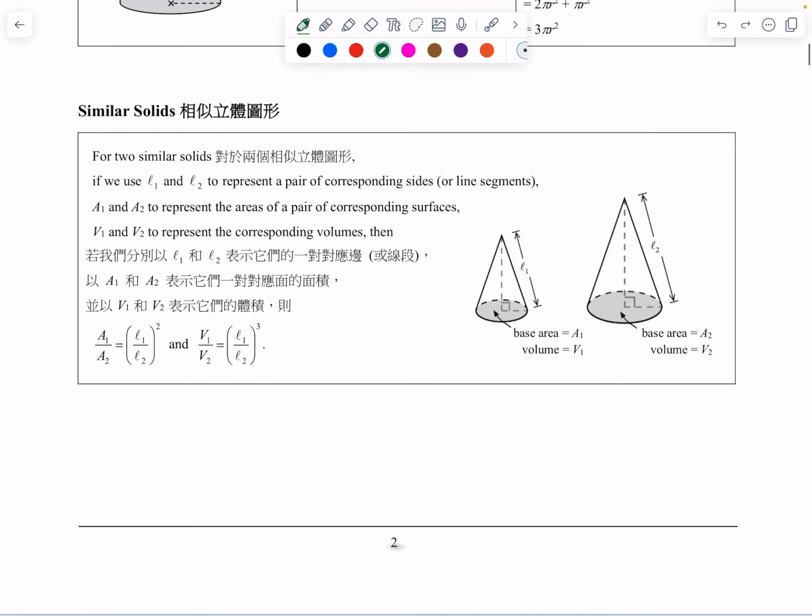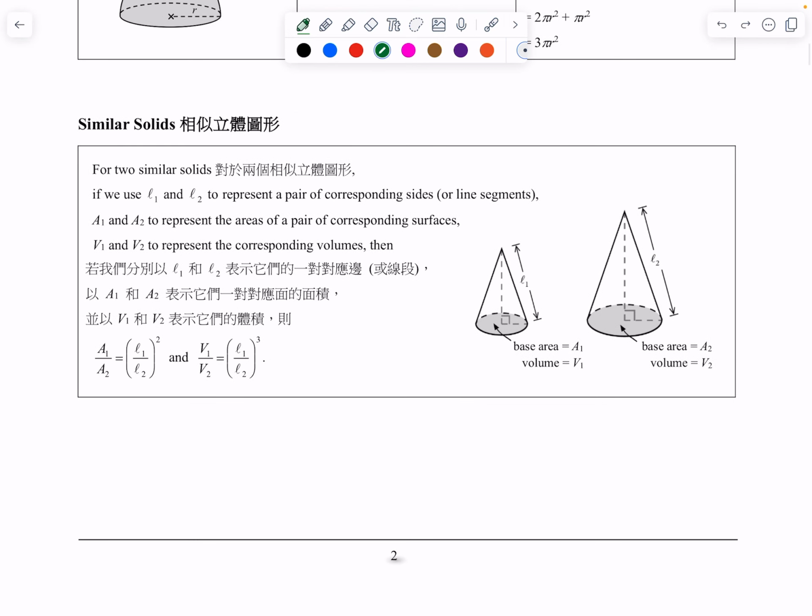Now, last thing of this chapter, then we start doing questions. Now here, similar solids. That is the most common thing they ask in the DSE questions, especially when they want to give you harder questions of area and volume. And then it might contain up to maybe around 8 to 10 marks actually. 4 is of course at least, but since it's in A2, if they consider similar solids, then they will give you more marks actually.